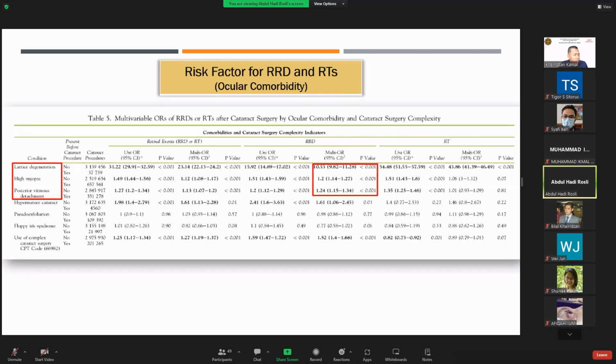Prof, one more thing I want to highlight to everyone, because our center is the reference center for the VR and for the anterior segment, cornea and so on. So we always do repeated procedures, repeated surgery, for our patients. So I think we also really need to consult patients about the risk of RD and tears.